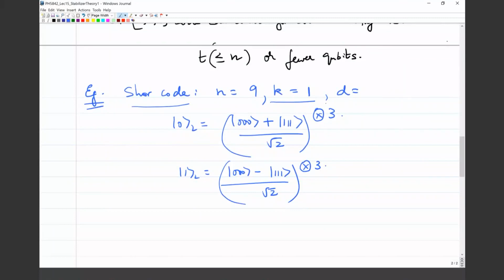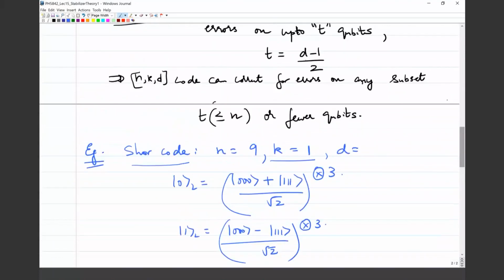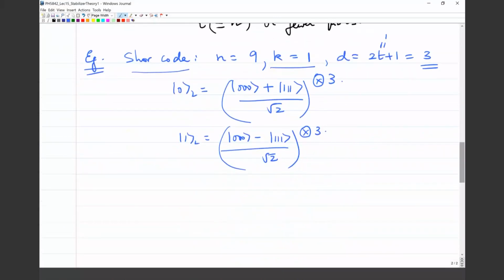So this can correct for arbitrary single qubit errors, right? So it should be 3. Exactly, good. D is actually 2T plus 1 and T in this case is 1, and so D is actually 3. So the Shor code is what will be called a [9,1,3] quantum code. Okay.